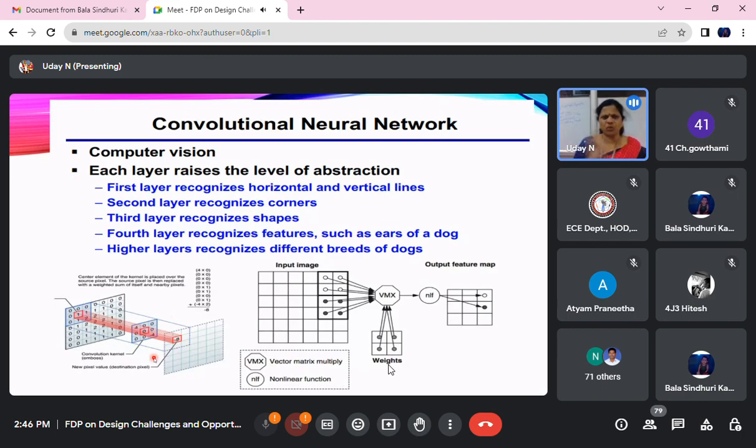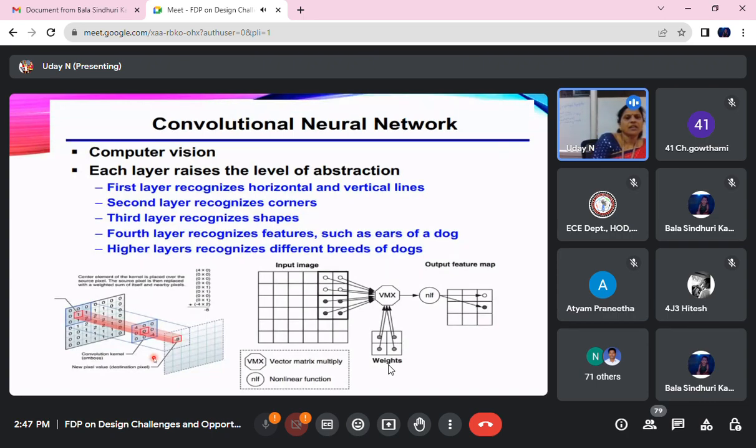Let us think that we want to recognize a cat and a dog, or we want to recognize a dog. How are the number of layers used to determine which part of the dog? You have a dog image. When the dog image is given to the neural network, the first hidden layer recognizes only the horizontal lines and the vertical lines, and the second layer identifies the corners. The third layer recognizes the shapes, like the shape of the legs, the shape of the nose, the shape of the eyes, certain regions.